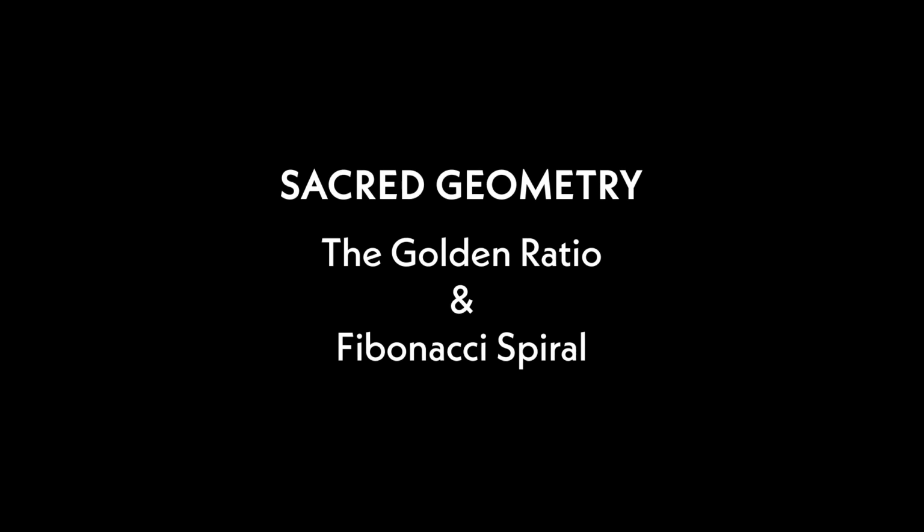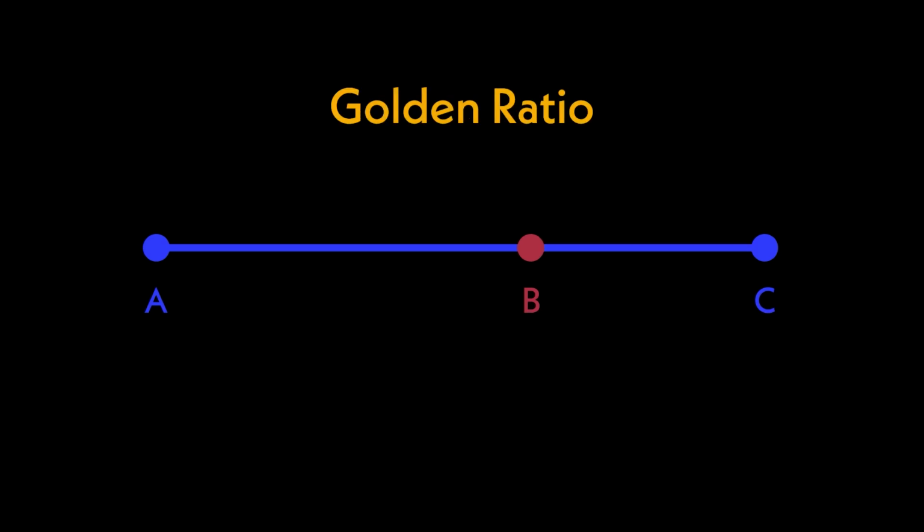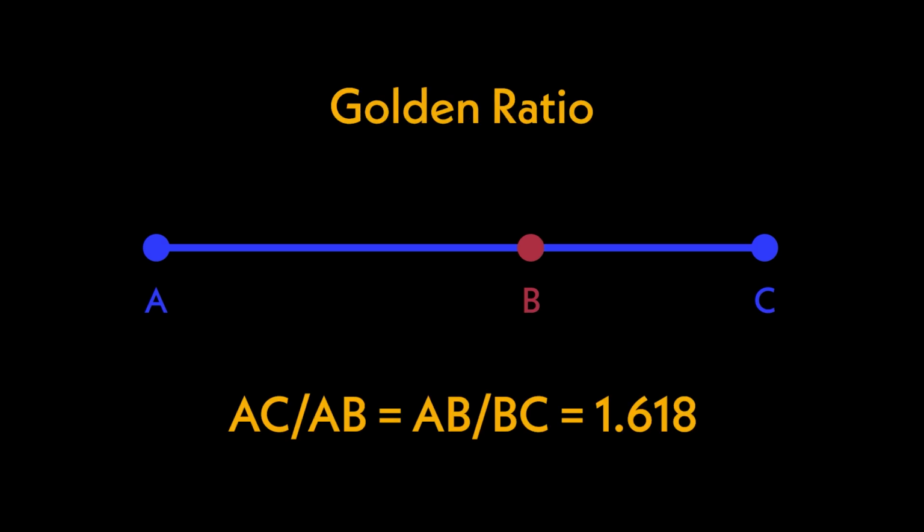Let's begin with a quick primer on exactly what the golden ratio and Fibonacci spiral are. If we create a line we call AC and then try to place a point B on this line such that AC is to AB as AB is to BC, you will have discovered the golden ratio, and that number is 1.618.